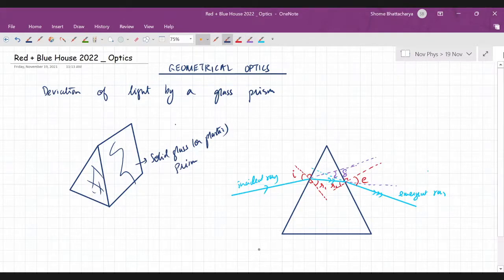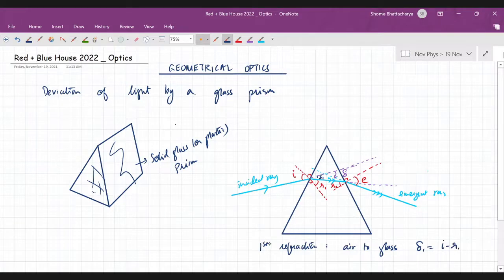So here, the first refraction from air to glass. The deviation that the light has undergone, you can see, is this angle here. That is equal to i minus r1, and it is a clockwise deviation.